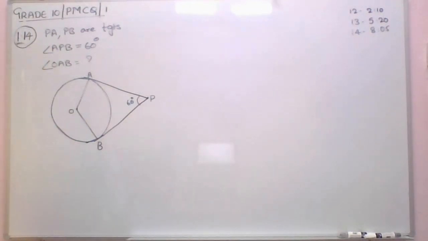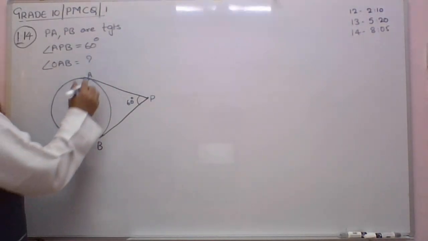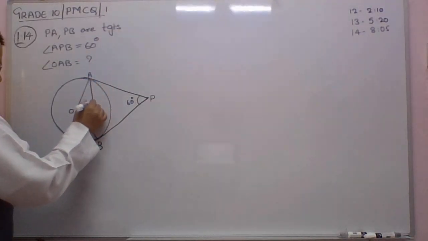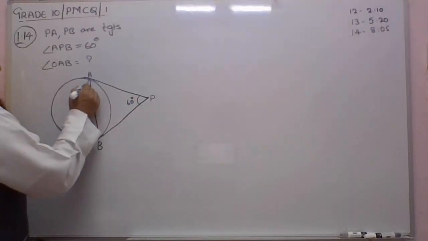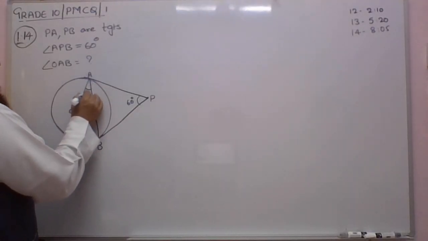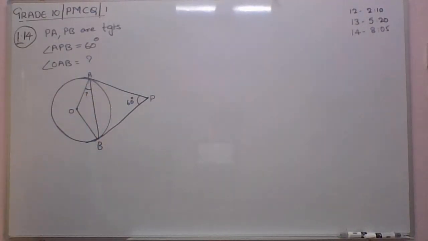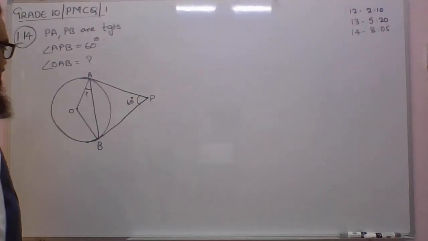And now he is asking for OAB, and he has asked this for 1 mark. See, it is very easy to find out. You can use any concept. This problem can be done in two ways.